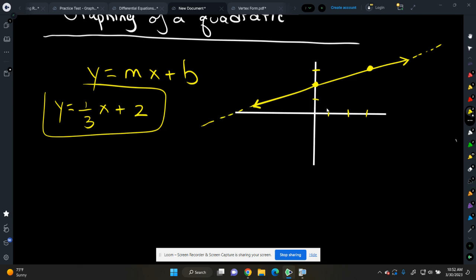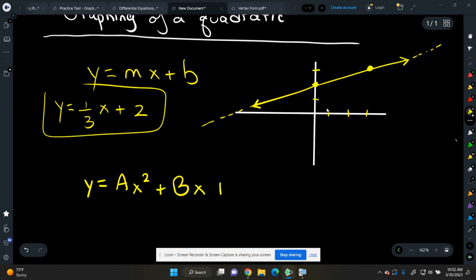Okay? Today, we're going to look at equations in the form of y equals ax squared plus bx plus c. Now, this is a quadratic equation.